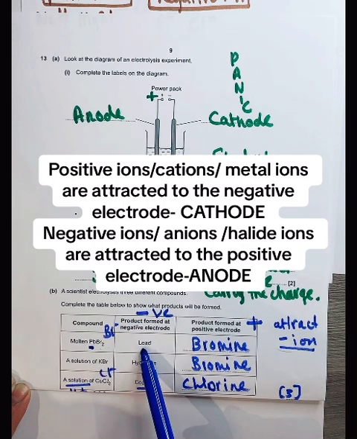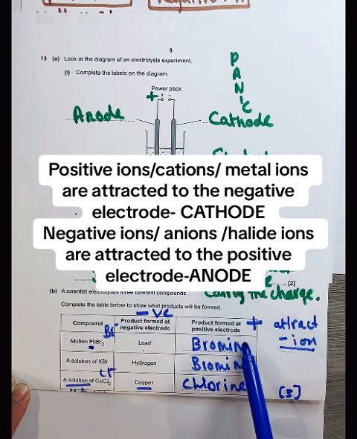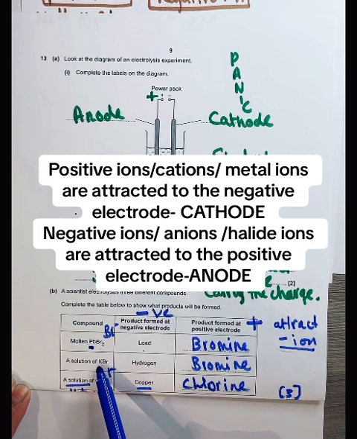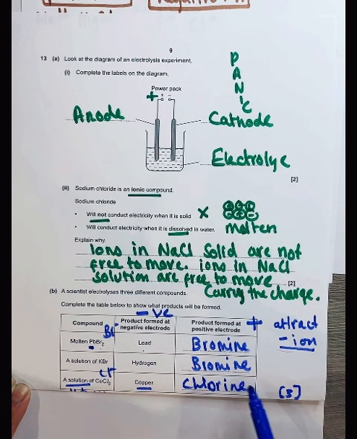Lead is a positive ion, so it goes to the negative electrode, and then you have bromide ions. You don't write bromide, you write bromine as the product, so bromine is formed. Here, KBr, potassium bromide, they've given you hydrogen. The negative ion here is bromide, so you get bromine. Here, copper chloride. Copper is positive, chloride ions are negative, so you get chlorine made.